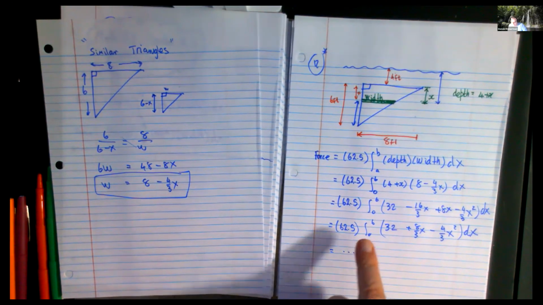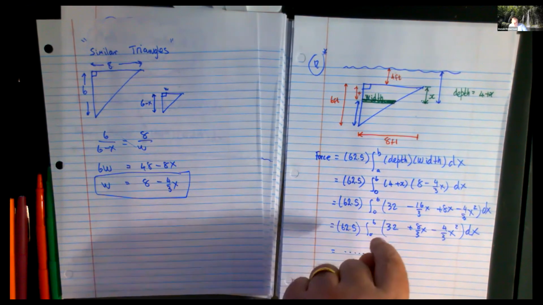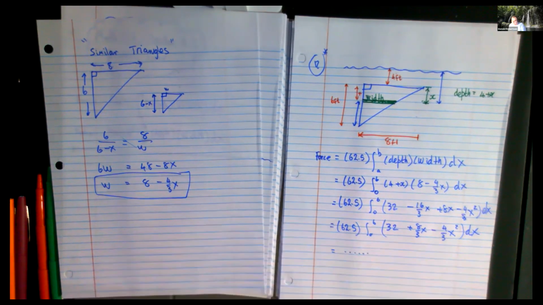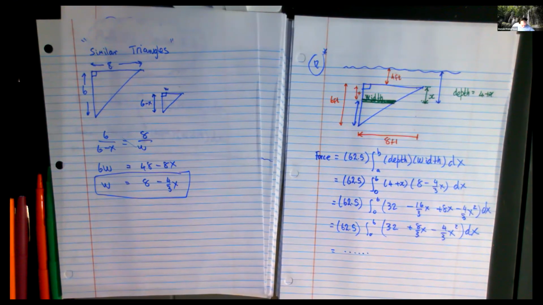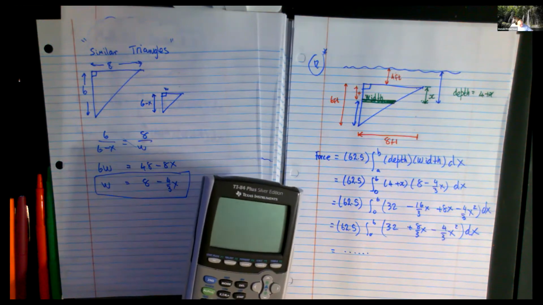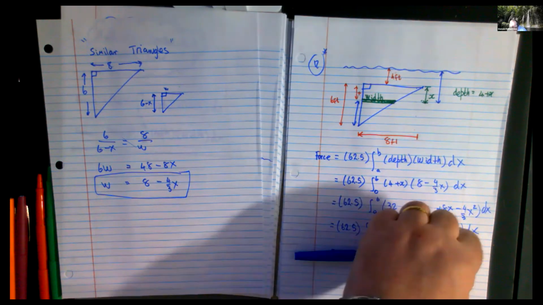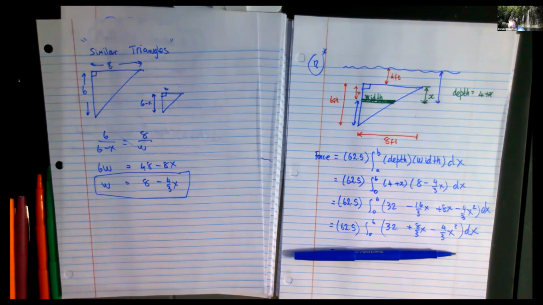Wouldn't you just do the power rule, evaluate it from X equals 6 to 0, and then multiply the answer by 62.5, and you're probably going to use your calculator a lot, right? Because the numbers are horrible. And that's the end of that question. I think if you can get to there, shouldn't you be able to finish the question? Just an integral. Ugly, yes, but just an integral.